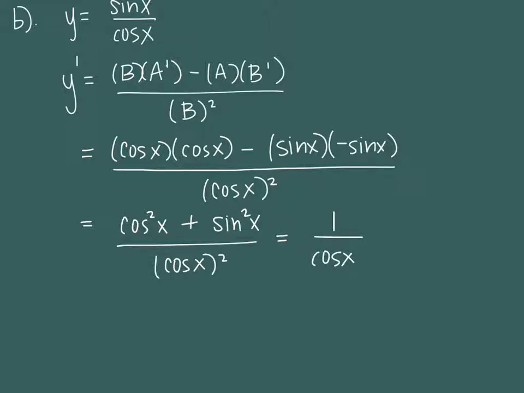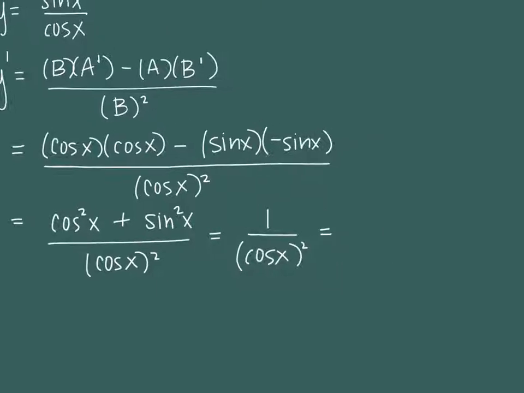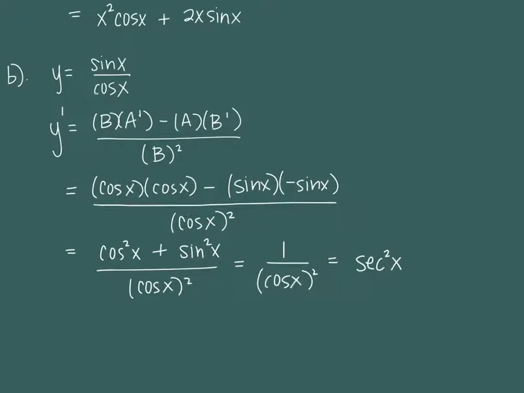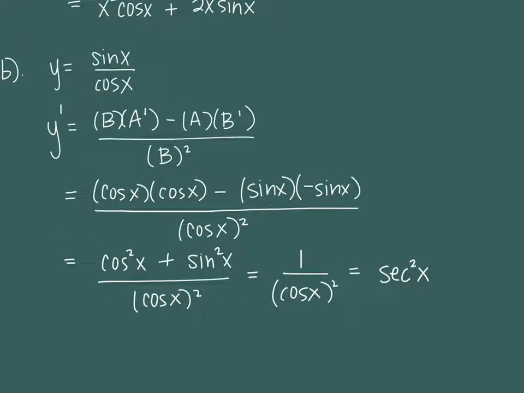Anybody remember what 1 over cosine squared is? Well, what's 1 over cosine? Secant. And so this is secant squared as our answer. By the way, at the beginning when I said sine over cosine, did that remind you of anything else? Okay, so what did we just answer the question of? We just solved, right, what's the derivative of tangent? We just did it. The derivative of tangent is secant squared, so you're getting a preview of tomorrow.